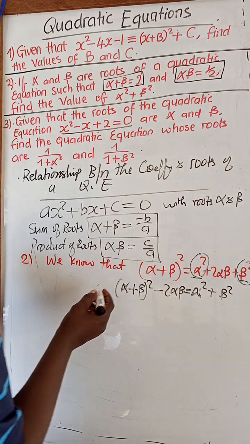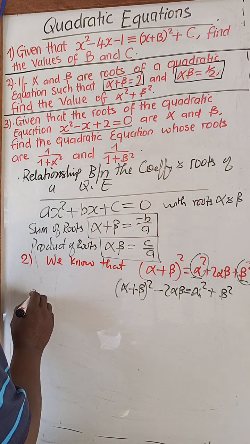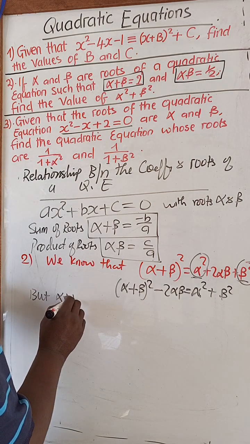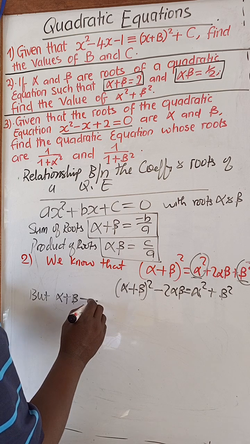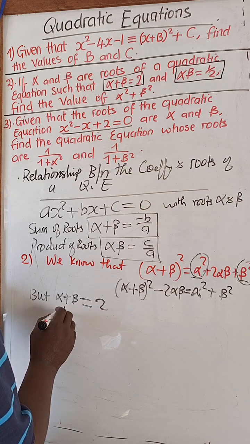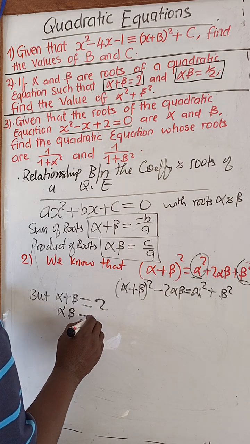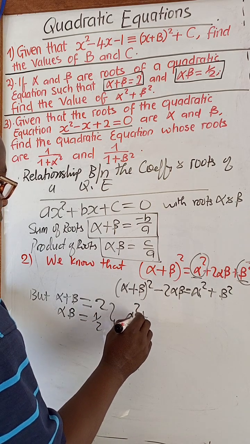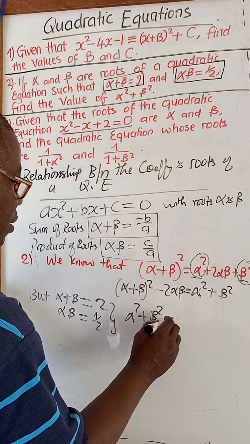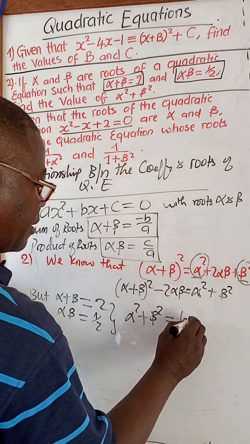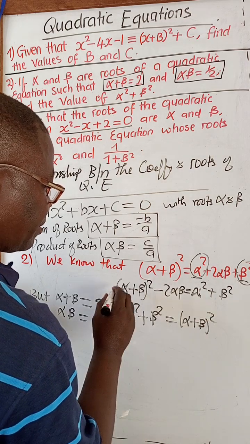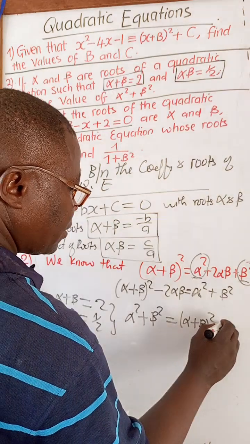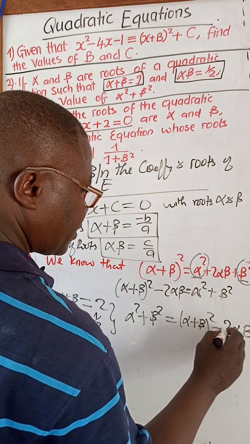Okay? Alright. Now, we were given in the question alpha plus beta to be 2, and alpha beta to be a half. So from here, alpha squared plus beta squared will be alpha plus beta squared, I'm rewriting this, minus 2 alpha beta.